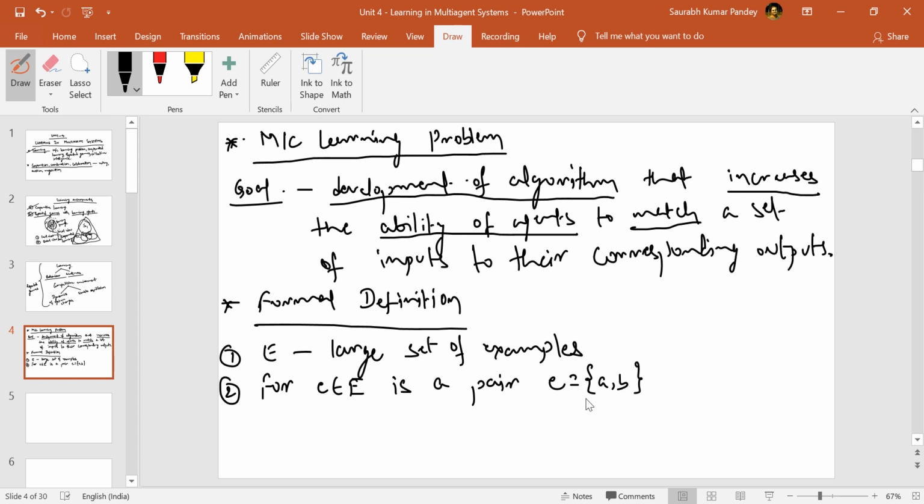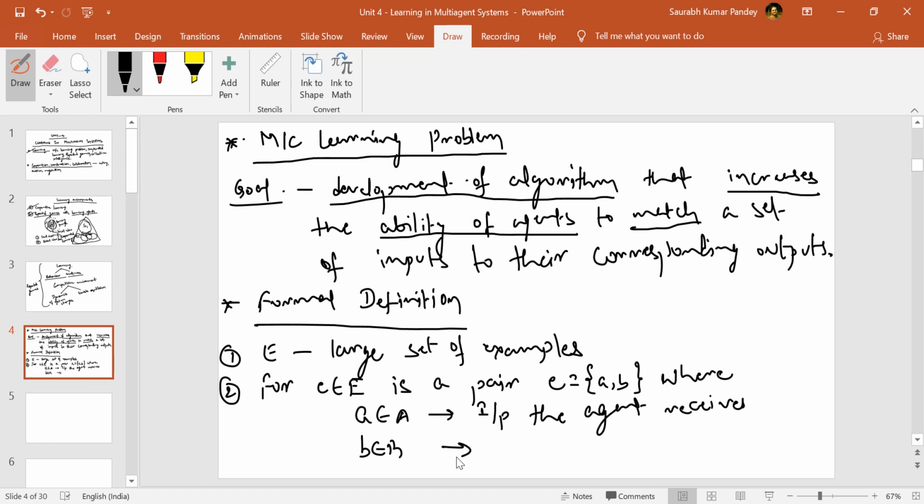Where a belongs to capital A, and it is the input the agent receives. And b belongs to capital B. What is that? It is the output the agent should produce.